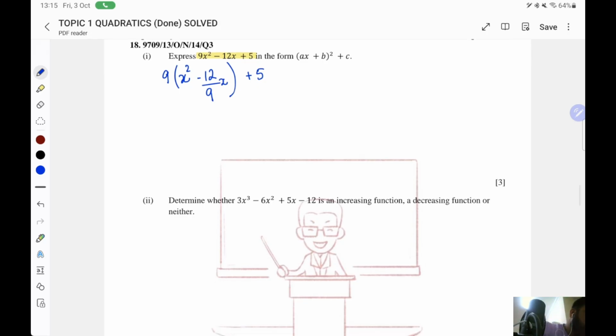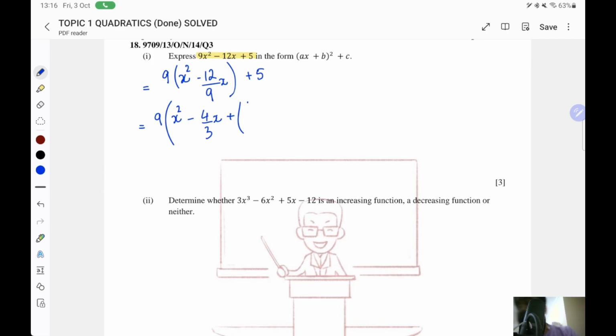After that, whatever is the coefficient of x in the bracket, you will take half of it, and you will add the square of it, and you will subtract the square of it. So it's 4 by 3 x, and when you add half of it squared, it will be 4 by 6.